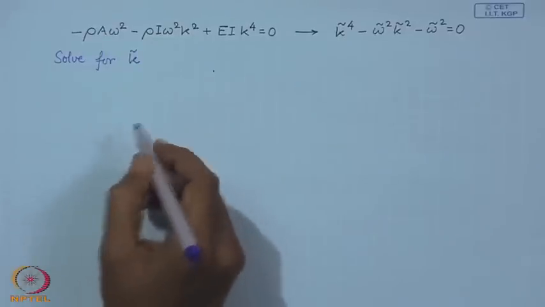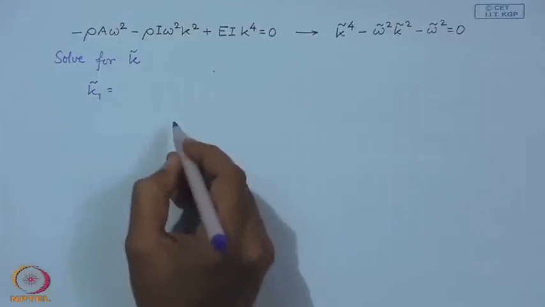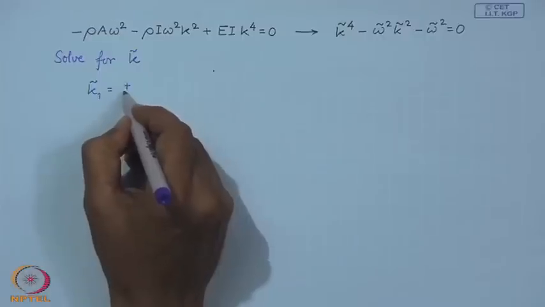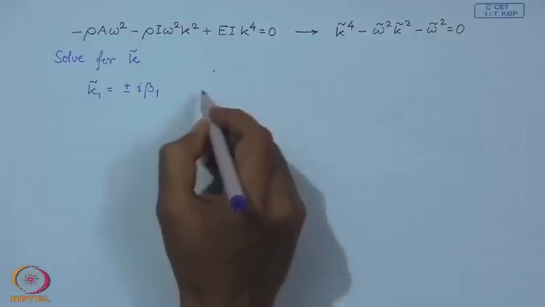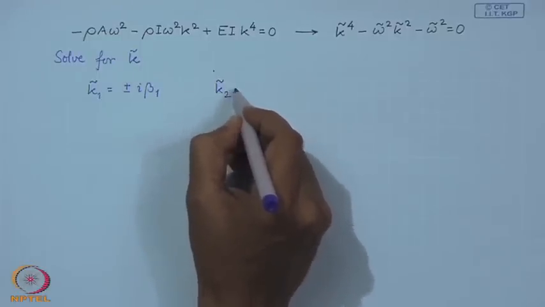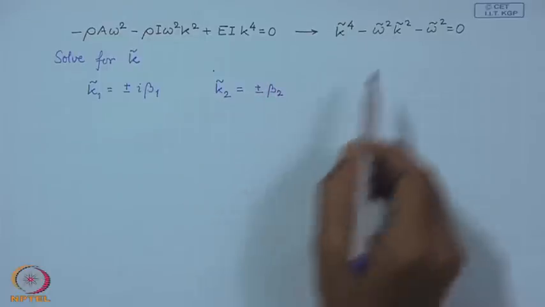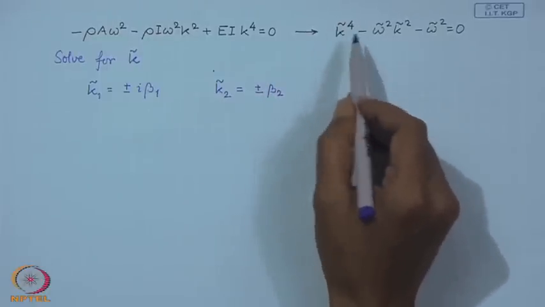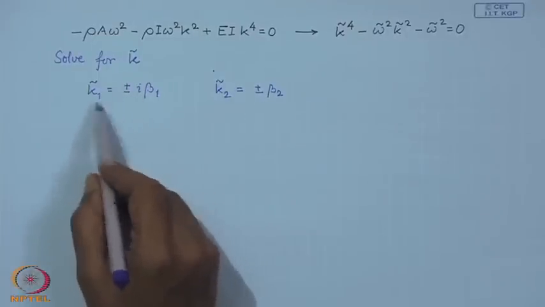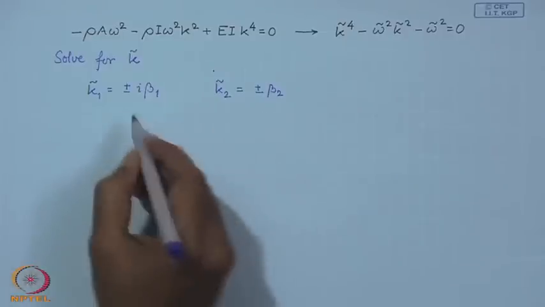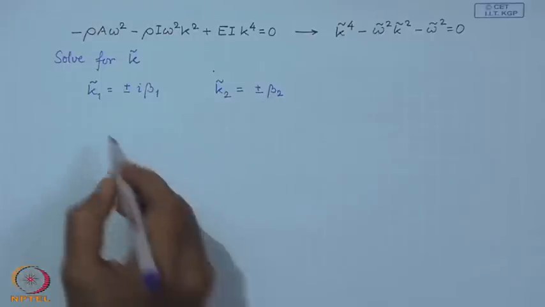So, if you solve for k tilde, you obtain two values. You can see this is a quadratic in k tilde square. So, you have two values, k 1 and k 2. I am representing them as i beta 1 and beta 2.